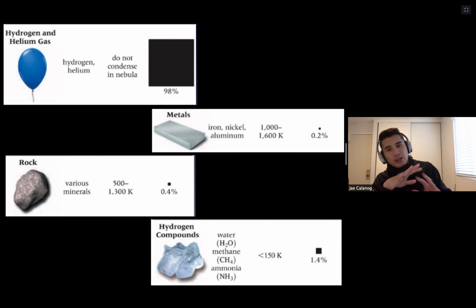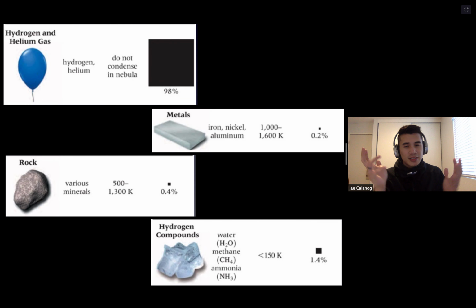Here is a picture that shows the basic ingredients found in our solar system. Hydrogen and helium, two basic elements, make up 98% of the mass in the solar system. When hydrogen and helium are very close to the center, they just stay in their gaseous forms.